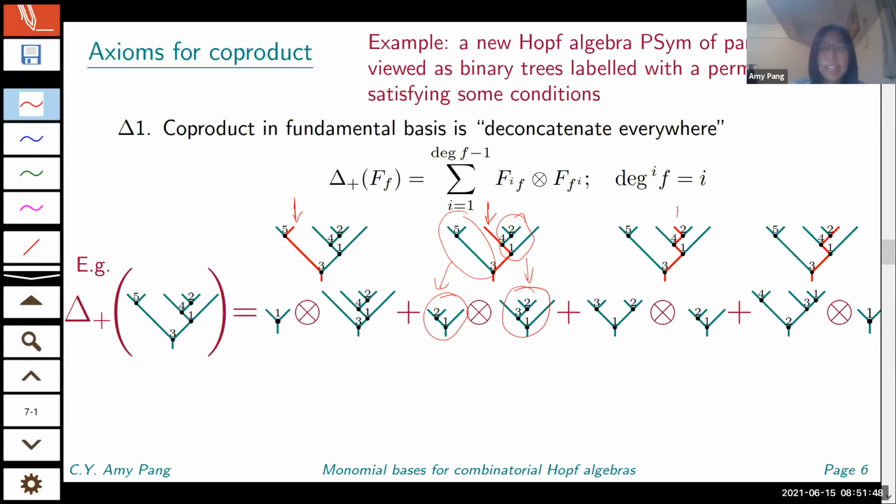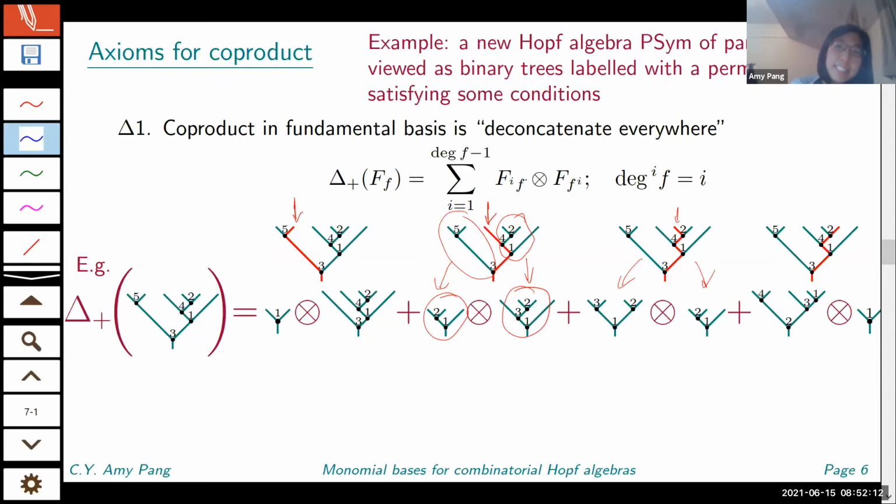So this one, I start now at the next vertex, and you can see that this part is the left side of the red line, and this part is the right side. I know I'm not explaining all the details, but hopefully this gives some idea of how deconcatenation works for other types of combinatorial objects.